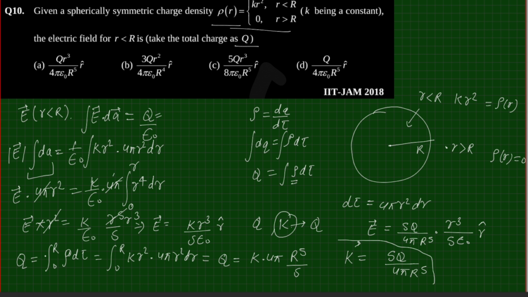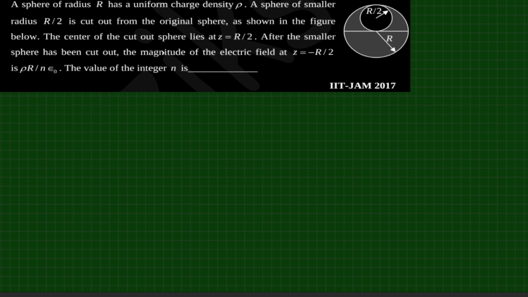Okay, so in the final expression 5 will cancel out, so the electric field will be q r cube over 4 pi epsilon naught R to the power 5 and r cap. So A is the correct option. Let's come on to the next question.